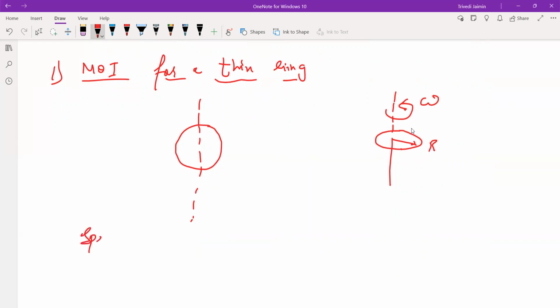So the speed of each mass element is v, which is v equals r omega.